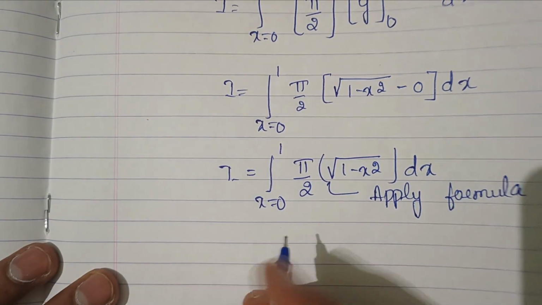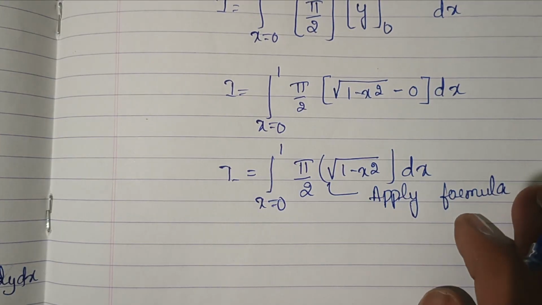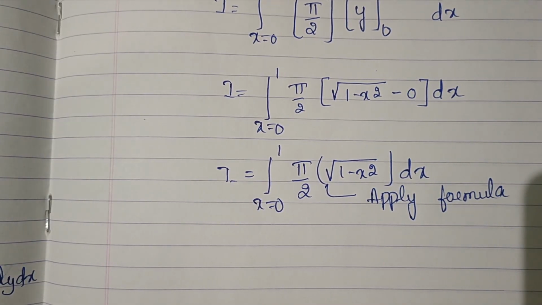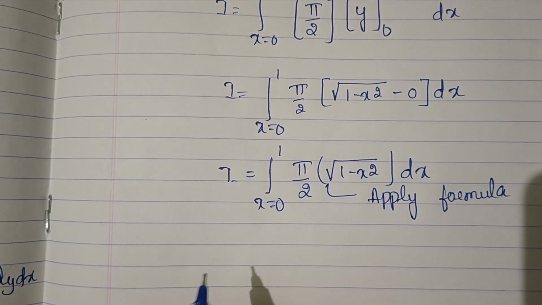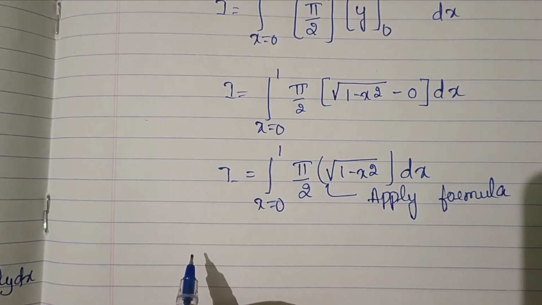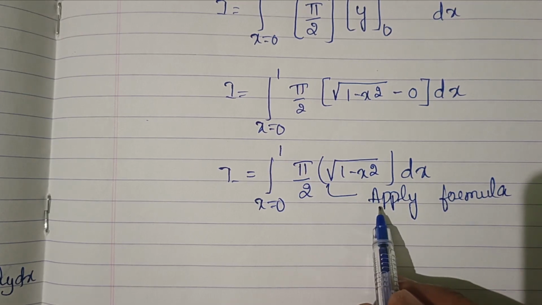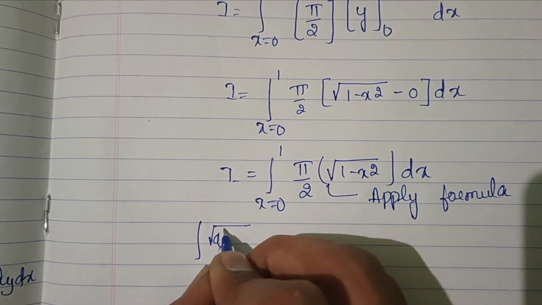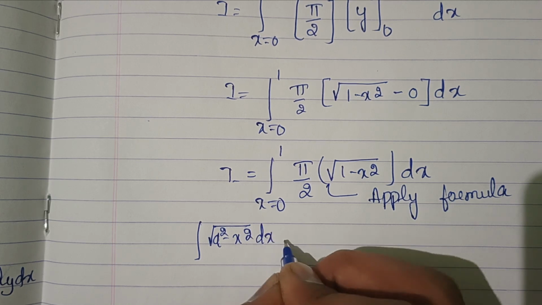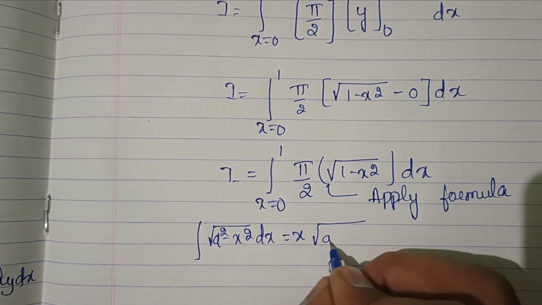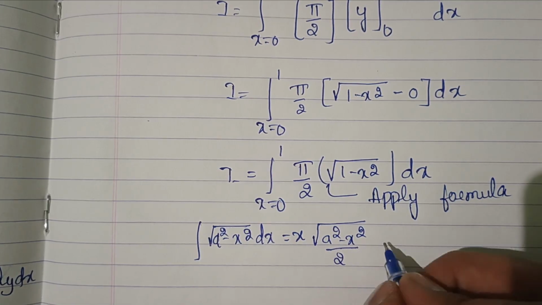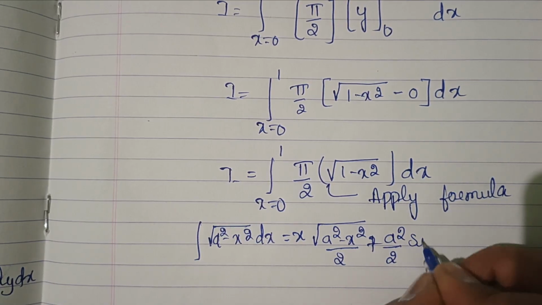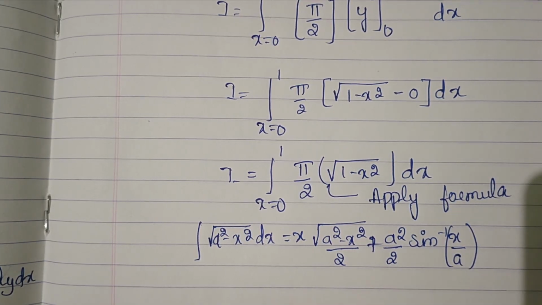The integration of root of a square minus x square dx is equal to x of root of a square minus x square divided by 2, plus a square divided by 2 of the sine inverse of x by a. This formula we should apply here.